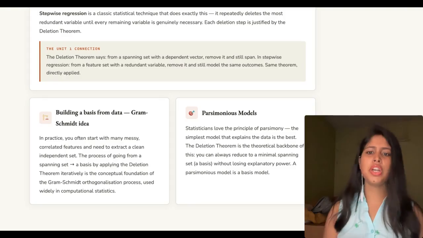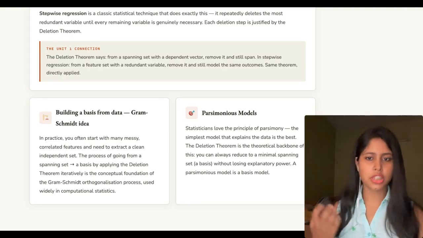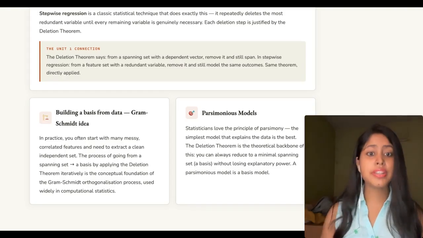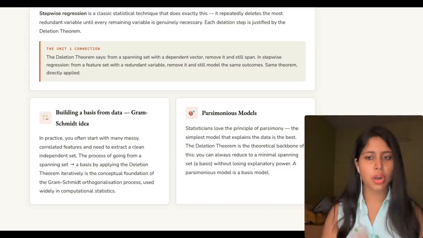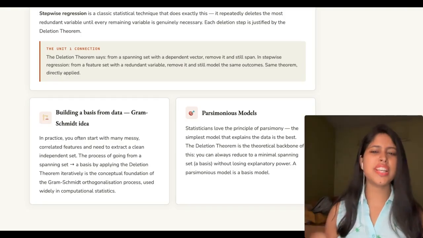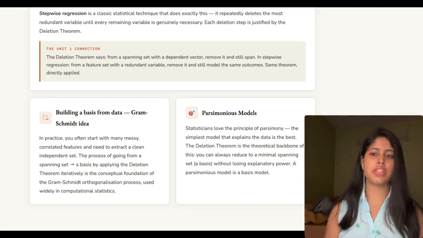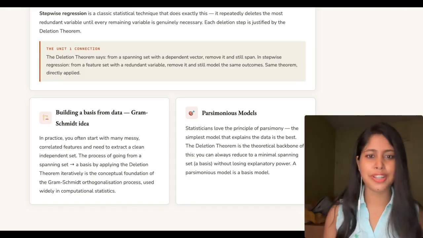The replacement theorem tells us if this proxy is genuinely independent from the other variables in your model, if it brings new information, then you can replace the original abstract variable with the proxy and the model's column space is unchanged. The model is just as powerful. You have swapped one basis vector for another, right? Every time an economist or sociologist substitutes a proxy variable into a model, they are, whether they know it or not, applying the replacement theorem.